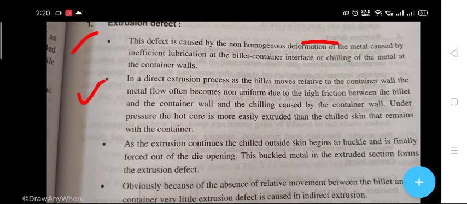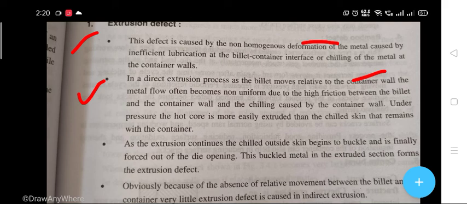In a direct extrusion process, as the billet moves relative to the container wall, the metal flow often becomes non-uniform due to the high friction between the billet and the container wall and the chilling caused by the container wall.